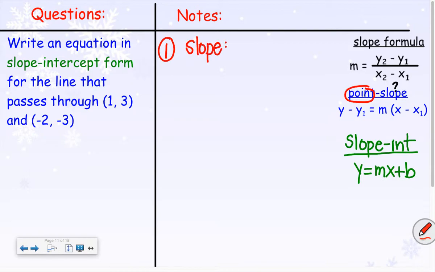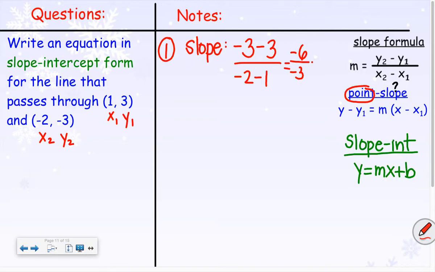I'll label my ordered pairs, x1, y1, x2, y2. So y2 minus y1 over x2 minus x1. So negative 3 minus 3 makes negative 6. Negative 2 minus 1 makes negative 3. And a negative divided by a negative makes a positive.